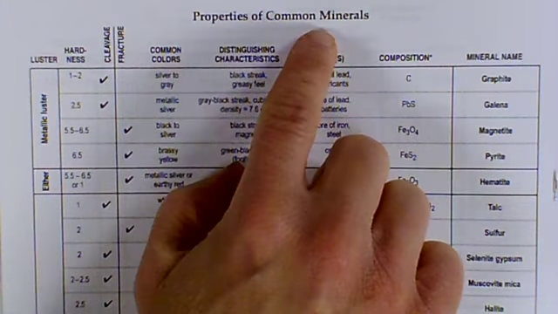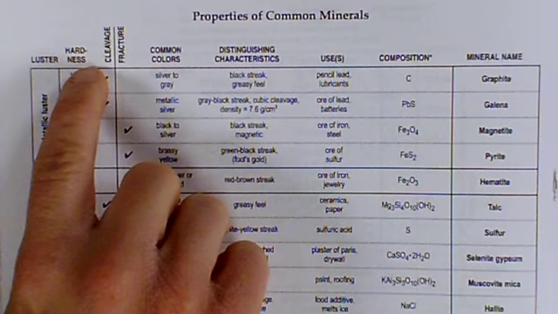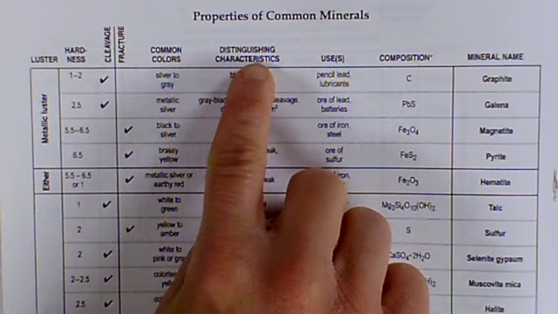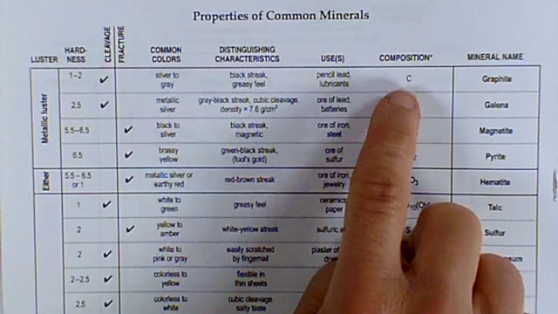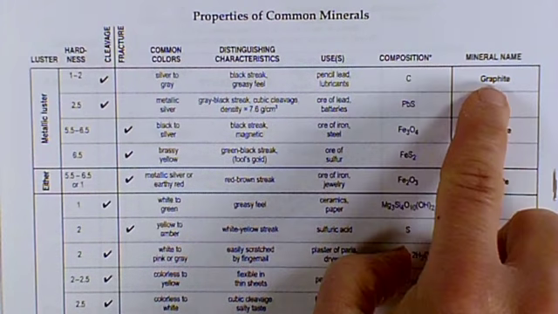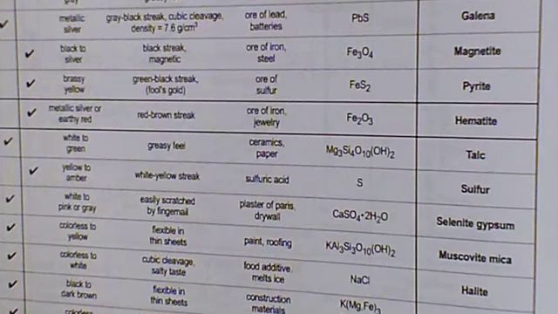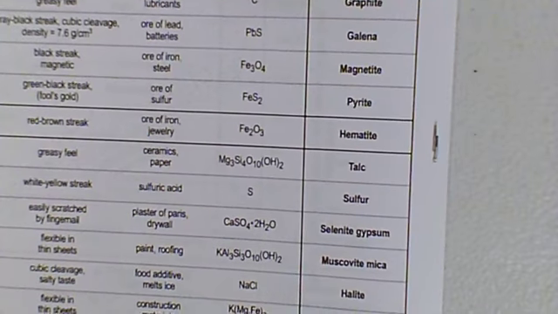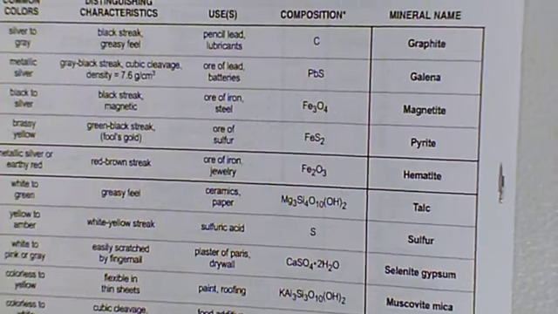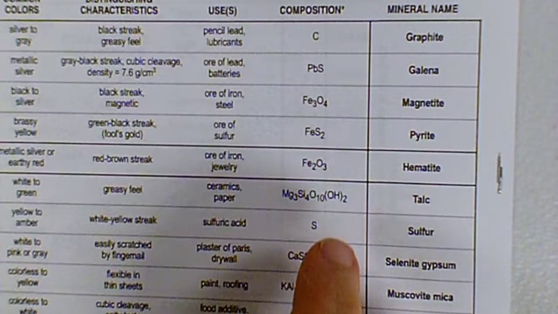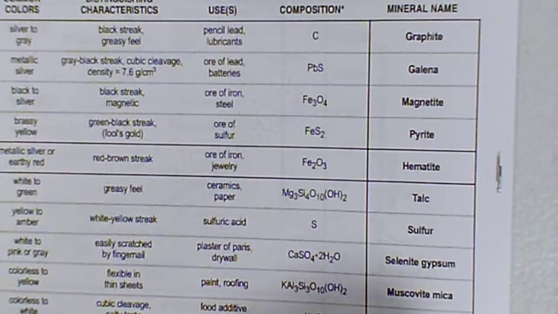It says properties of common minerals. There are a lot of properties up here that we're going to talk about very soon. What I'm concerned about is composition and mineral name today. So I'm going to zoom in to that part so we can see that a little bit better. And I'm looking for silicon and oxygen.